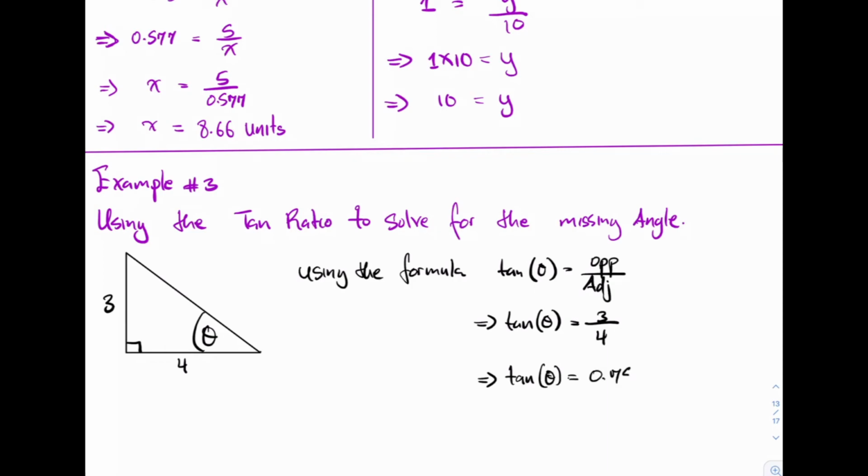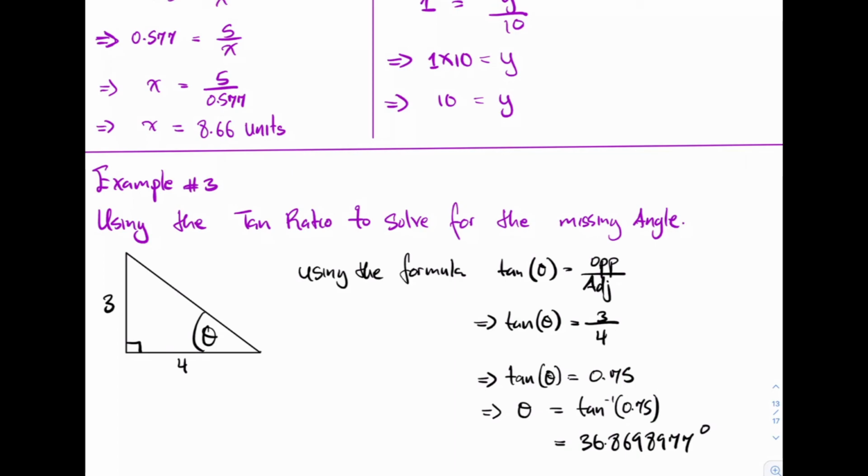Now we say that theta is equal to tan inverse of 0.75. When we plug in tan inverse by using the second function, which is above our tan function on our calculator, we end up with 36.869897 approximately. That is the degrees for the angle theta. So we just found the missing angle.